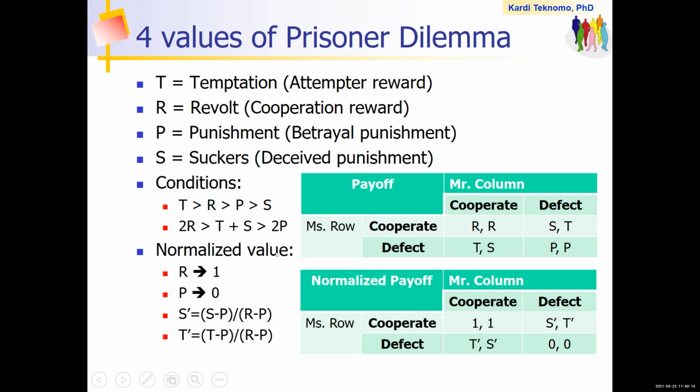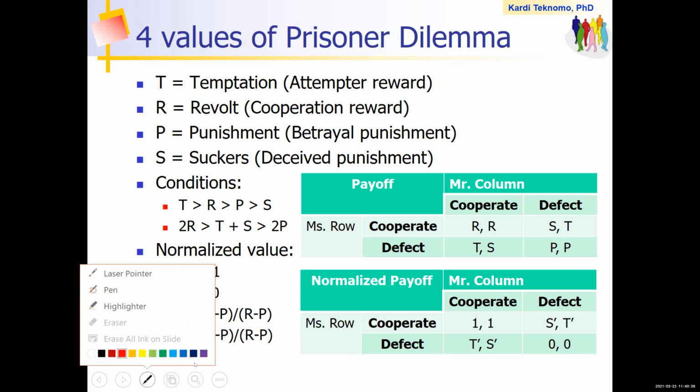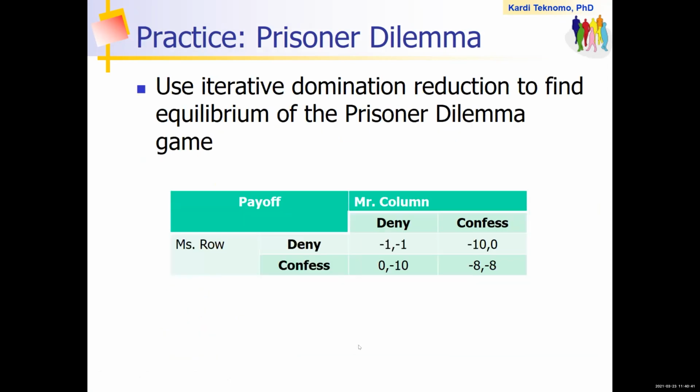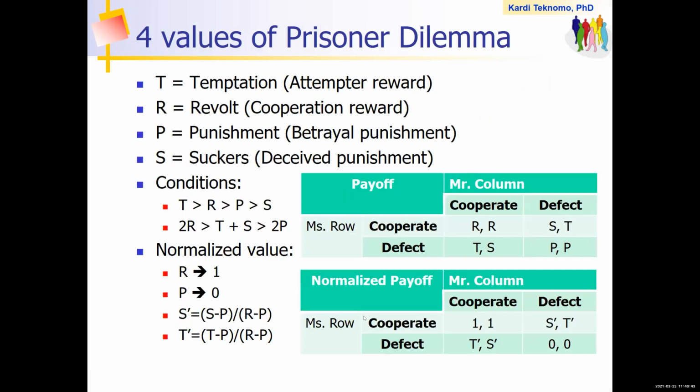Okay. So eventually, you can also normalize the values of the prisoner's dilemma so that the maximum is 1 and the minimum is 0. Then you can have a normalized version of the prisoner's dilemma game, which is shown in this table.